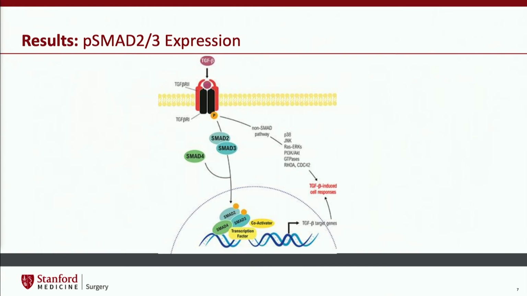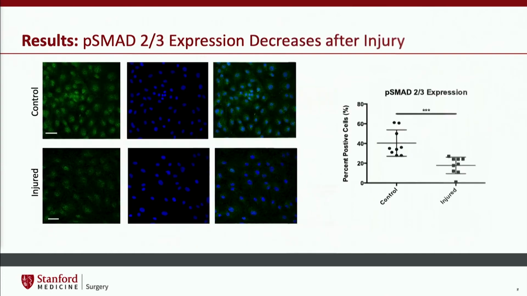Specifically, we looked at the pSMAD2/3 expression, which is a protein that is phosphorylated by TGF-beta and then induces the TGF-beta process. And very excitingly, as you can see here in the light green is the pSMAD expression. The control group has a bright expression with over 40% of the cells having nuclear expression, but this is significantly decreased in the injured group.